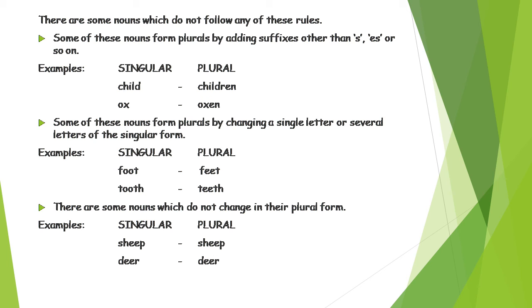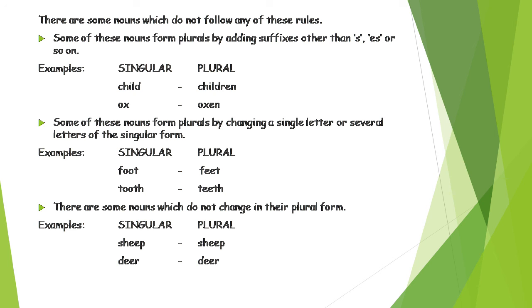Here you can observe that foot has double O between F and T in the singular form, whereas in the plural form it changes to FEET. That double O is replaced by double E. Another example is tooth changes to teeth. Here also you can observe that the middle double O is changed to double E in the plural form.